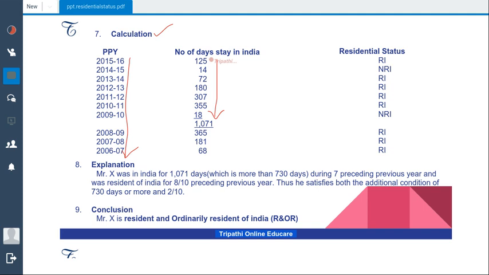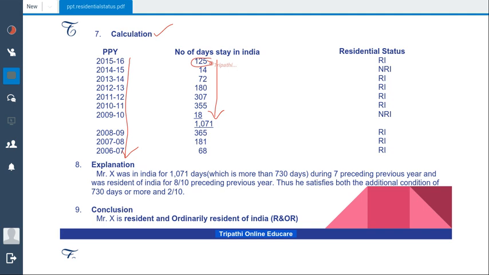So for each and every year, you will have to find out whether he is resident of India or non-resident of India. For example, if you see the first year, 2015-16, he was in India for 125 days, which is less than 182, but more than 60.